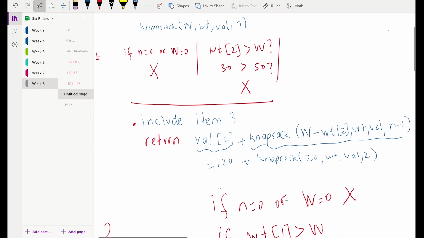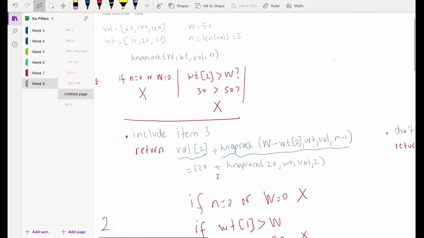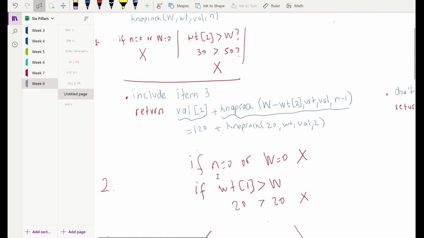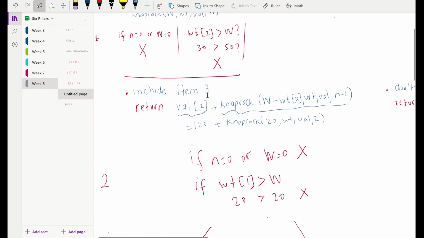Here we are creating a tree, and the first option is including item 3. If we include item 3, it means that the value of this item will be added to the knapsack problem that will be solved with these parameters.